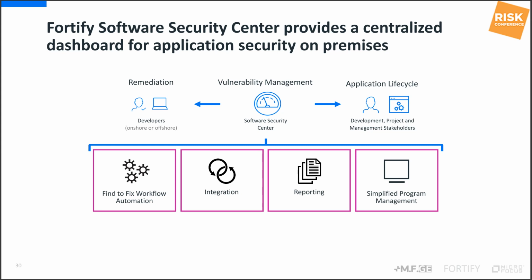So the Software Security Center is responsible for all this process management, let us say this way. All the auditors, all the developers can log in there, can audit the issues, can track all the issues with the source code there, as well as download that FPR file to their workstations and work with it.